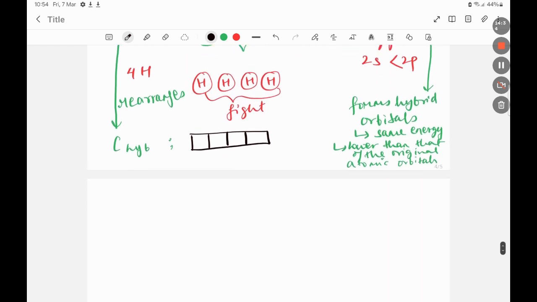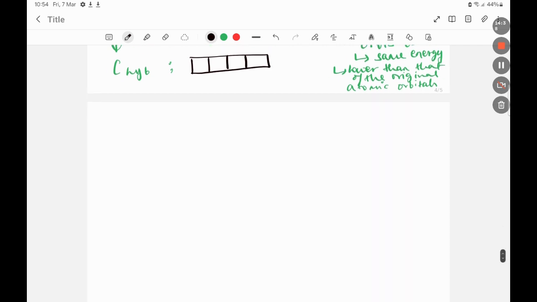So usually the energy of the hybrid orbitals is lower than the original atomic orbitals. Okay, now let me again write down the carbon hybridized orbitals. There are 4 of them, and the electrons still reside singly in the hybrid orbitals.